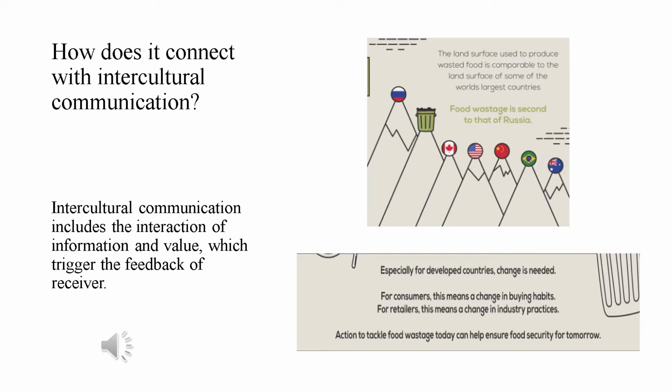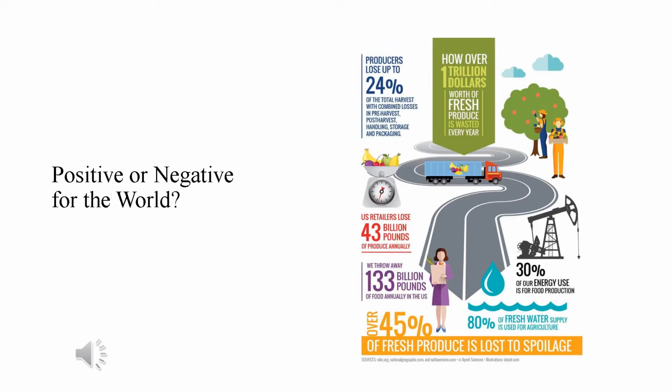As the picture said, retailers need to change industry practice and consumers need to change buying habits, so that the readers would give feedback effectively through the combination of truth and a positive value. When it comes to the question of whether the text addresses positive or negative for the world, the idea of the article absolutely demonstrates a positive value, which wants people to be concerned about food wastage.